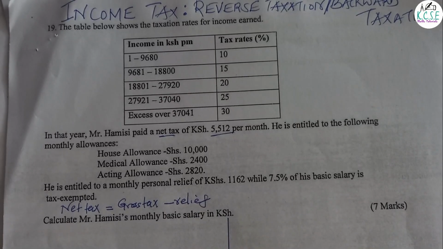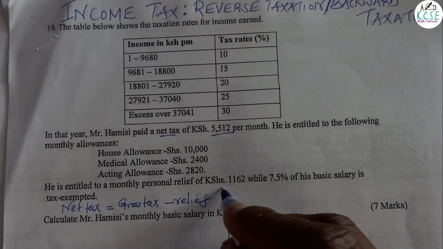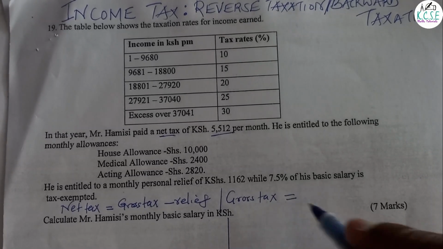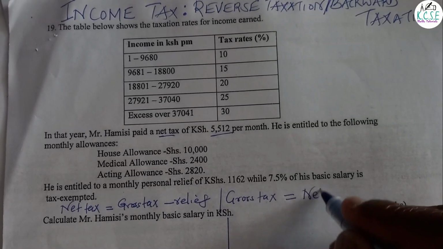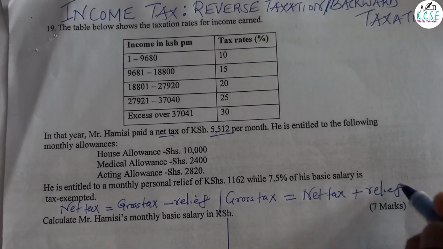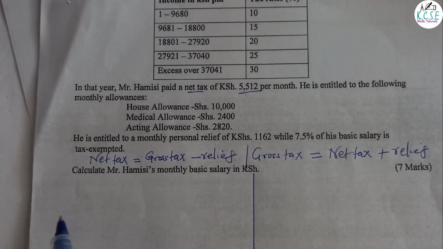So that is the first thing to note. Since we're moving backwards, we need to get the gross tax. So the gross tax will be given by net tax plus the relief. So we shall add to get the gross tax.